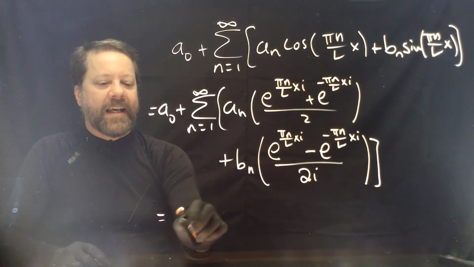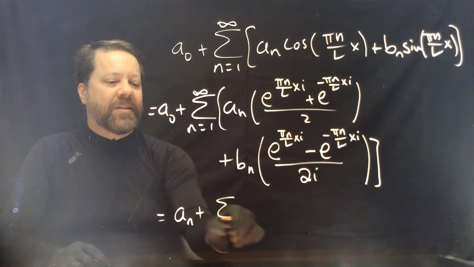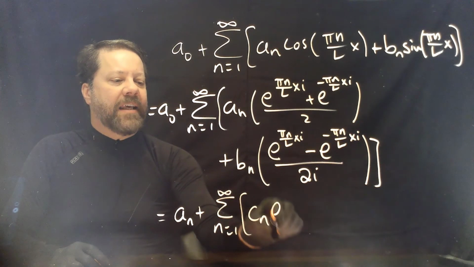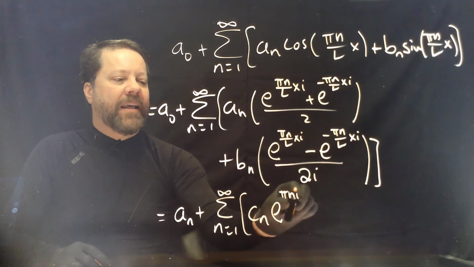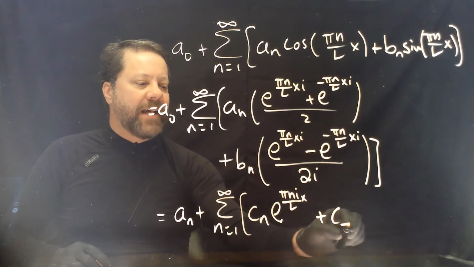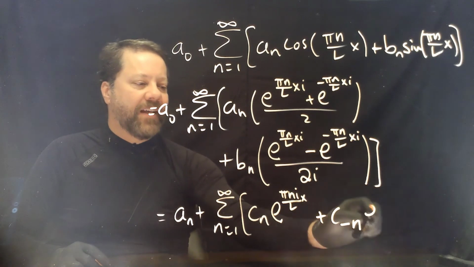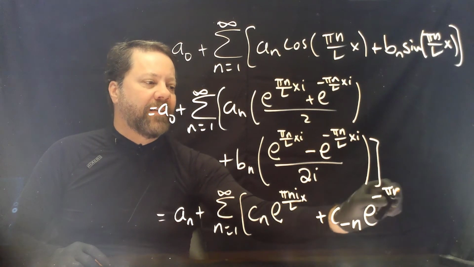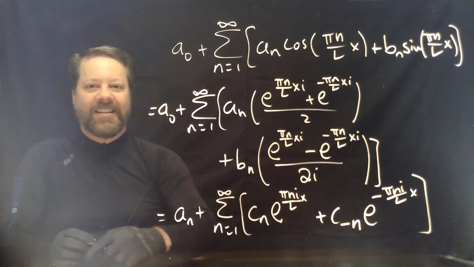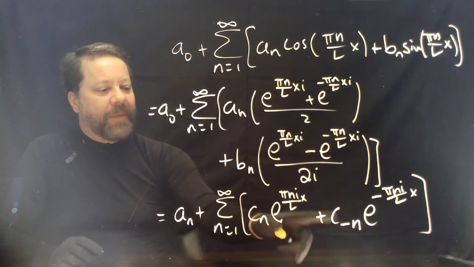We can rewrite that as a0 plus the sum, as n goes from 1 to infinity, cn e to the pi n i x over L, plus, I'll write this as c minus n e to the minus pi n i x over L.